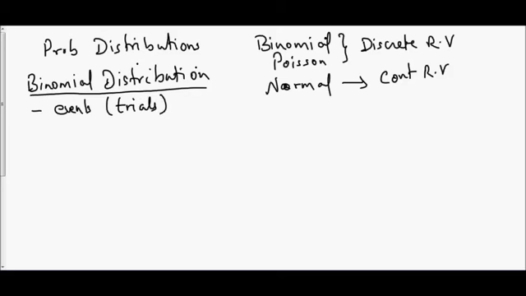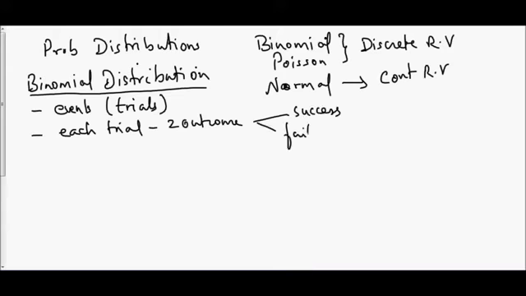You'll have repeated trials. That is, if you toss a coin, you'll be repeatedly tossing it for maybe 10 times or 15 times or something like that. So the trials are repeated, and each trial has only two outcomes, which are here success or failure, and you don't have any other outcomes from each trial.